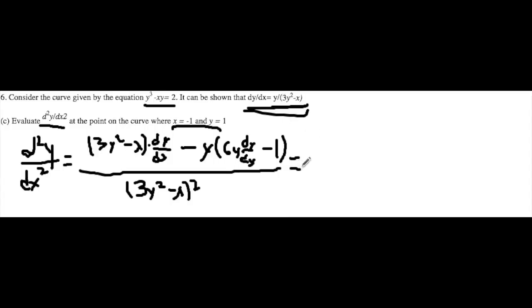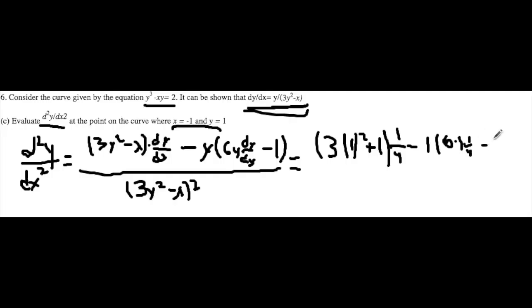So now let's plug in all of that, and we will get 3 times 1 squared, minus negative 1, which would just be plus 1, times 1/4, minus 1 times (6 times 1 times 1 times 1/4 minus 1).